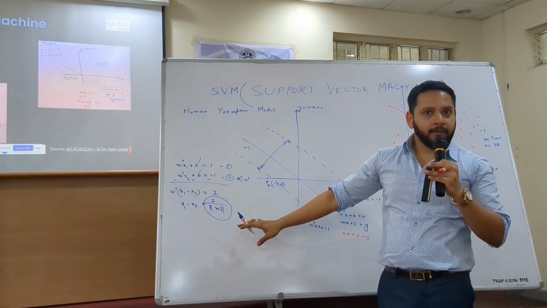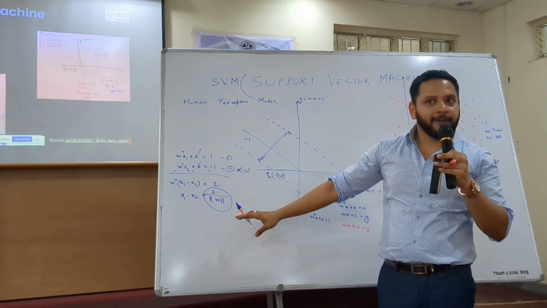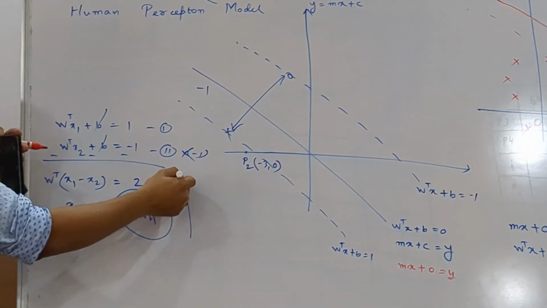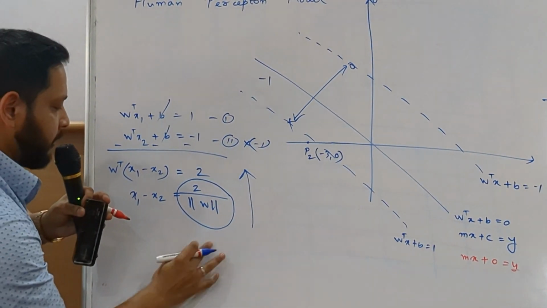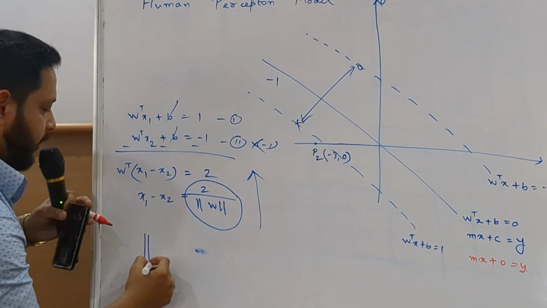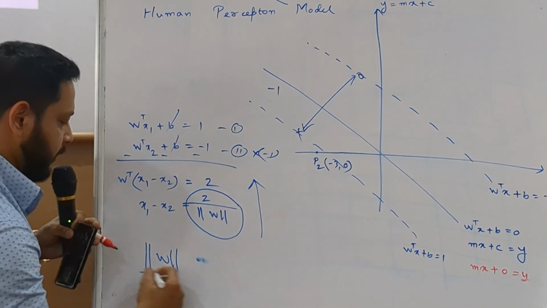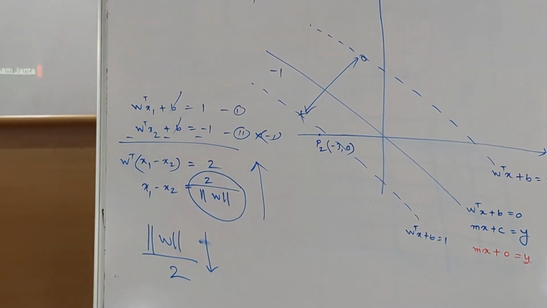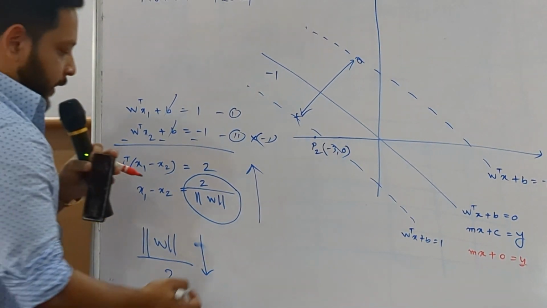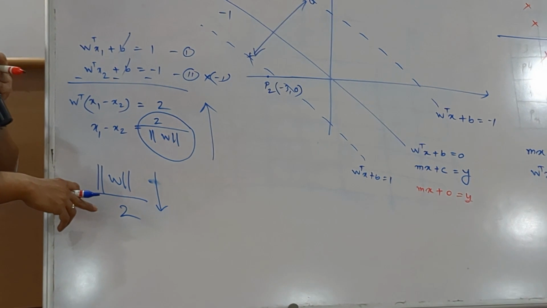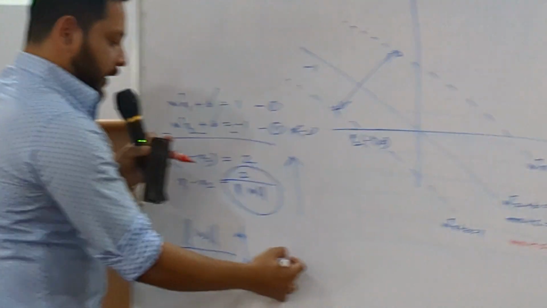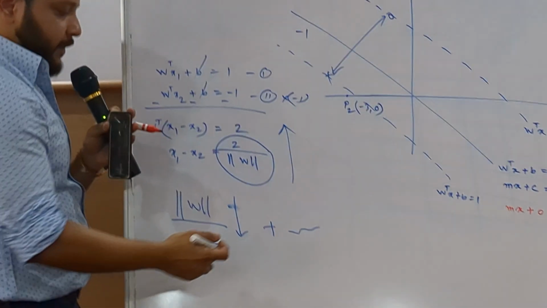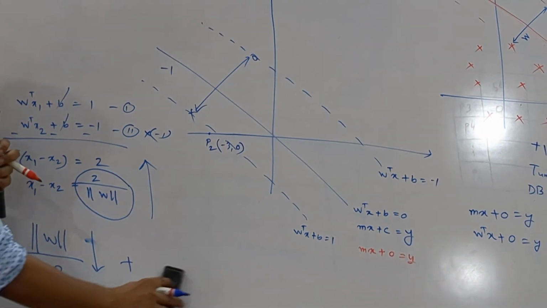Okay? Since this math might be a little hard to digest: the more we increase this distance, if we take the reverse of it, the smaller that value is, the better, right? So we have to decrease this value. While decreasing, some concepts like a regularization parameter will come.